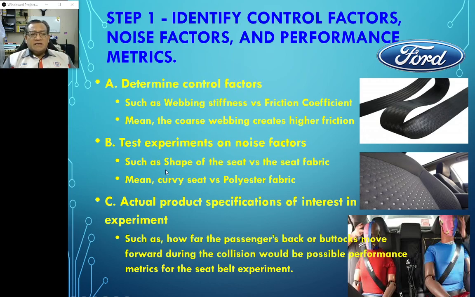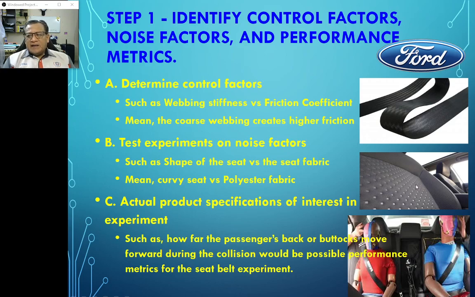Then we have to determine step B. We have to determine the test experiment of the noise factor. If this is the signal, right, what are the noise? The noise is being tested in the form of the shape of the seat, right? Whether it is inclined, whether it is thick or whether it is thin, against the seat fabric, right? What type of fabric do they use? Is it polyester? Is it cotton?